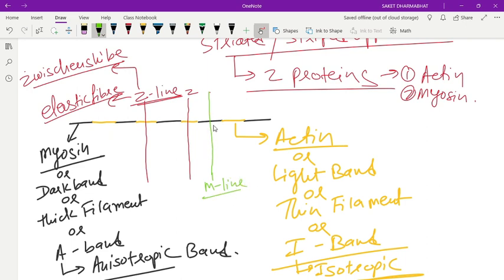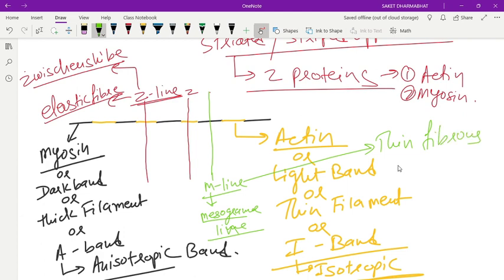So the M line bisects myosin, and the Z line bisects actin. The M line is also called the mesophragma line, a thin fibrous membrane. Up to here understood?